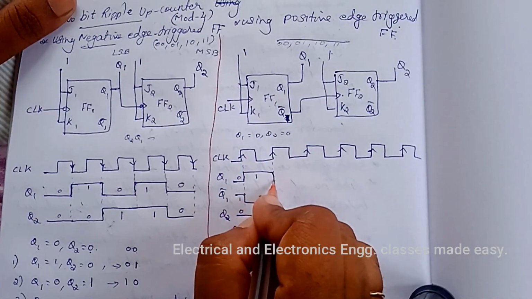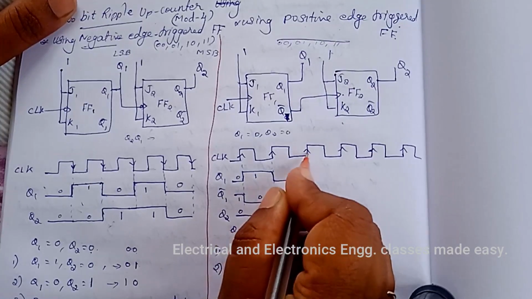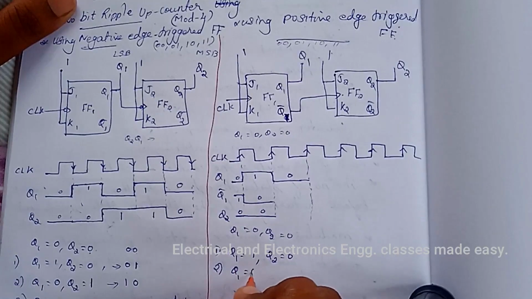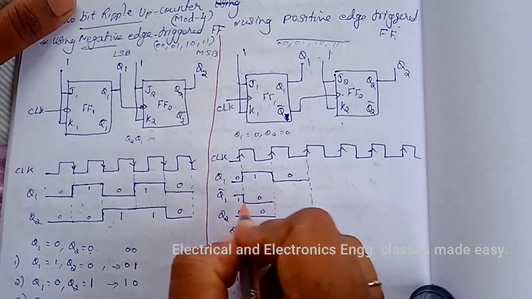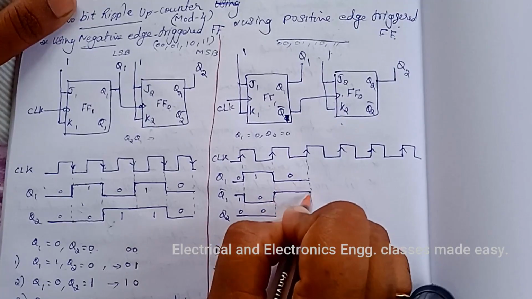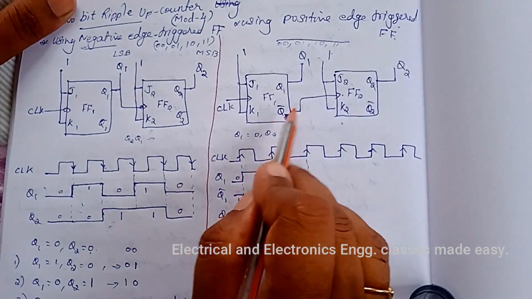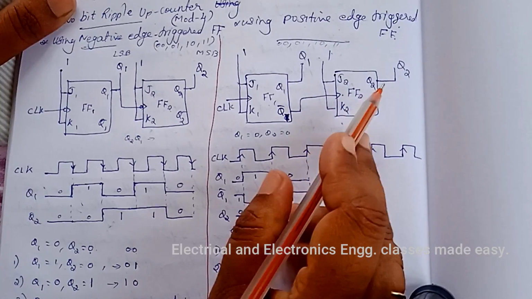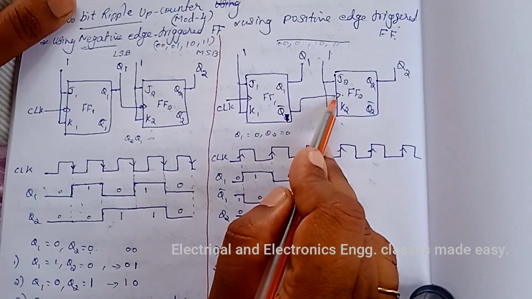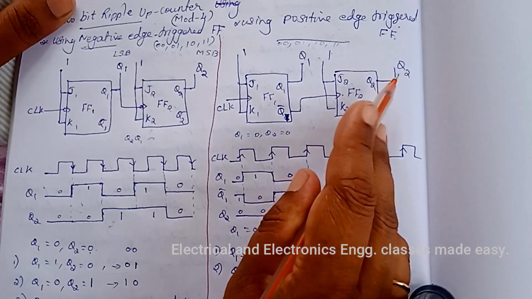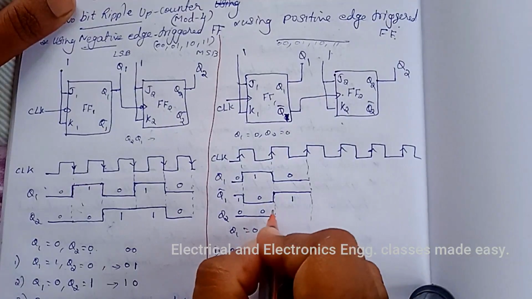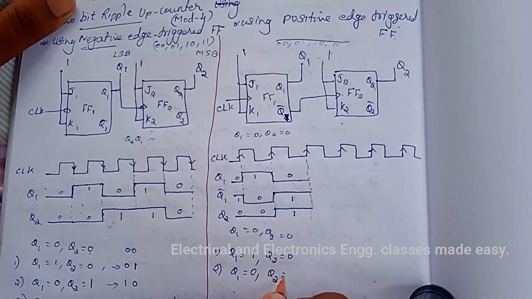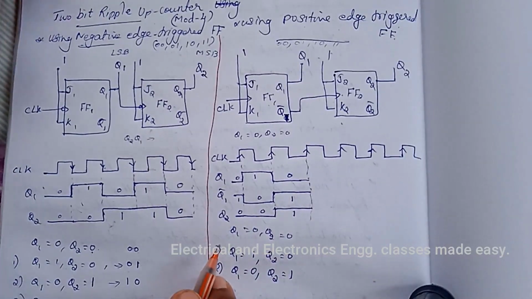Q1 changes means it will change to 0 up to the next positive going edge of the clock pulse. So Q1 equal to 0. Q1 0 means Q1 bar is 1. So Q1 bar 1 is applied to the clock input of the second flip-flop. So this is positive edge triggered flip-flop. So Q2 toggles. Q2 toggles means it will change to 1. So Q2 equal to 1 after the second clock pulse.